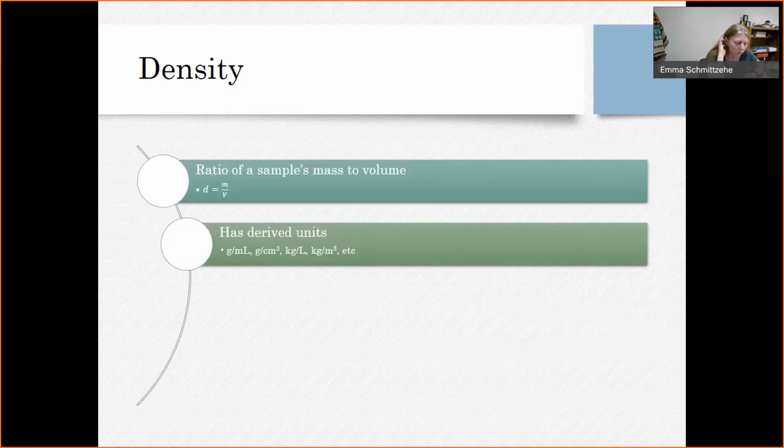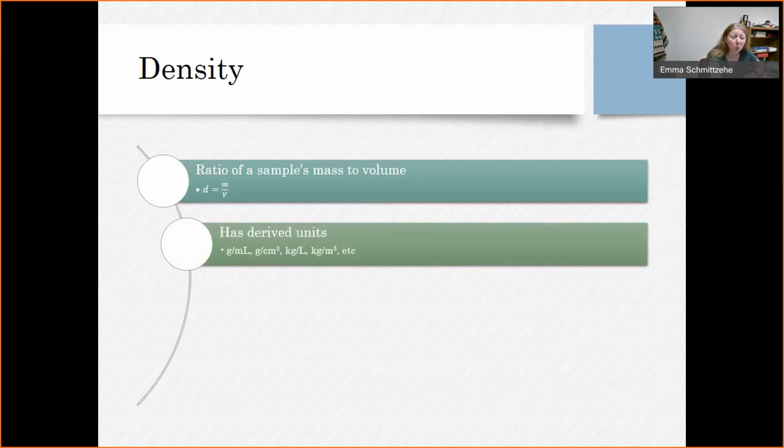And so it just kind of depends on where you get the value or how you did your measurements on what units you're going to end up with, but you can always convert between them. Okay, if you have a density in grams per milliliter, but you want it in kilograms per liter, you can do those conversions. Okay, just by using dimensional analysis and unit relationships.